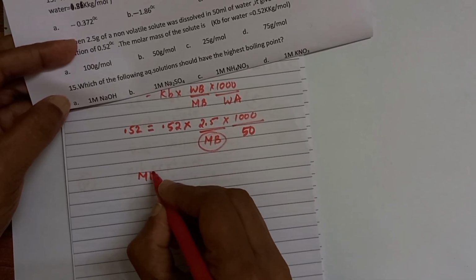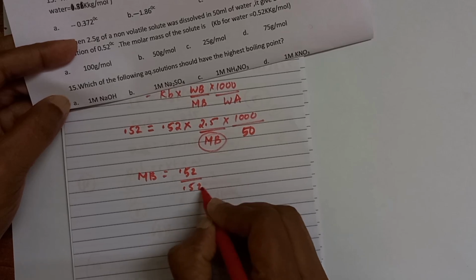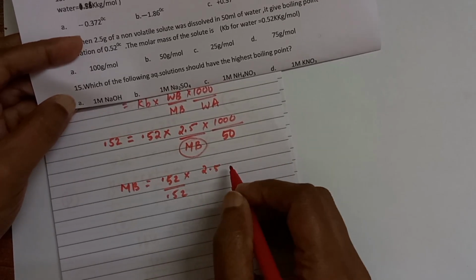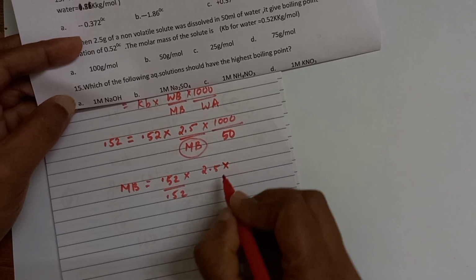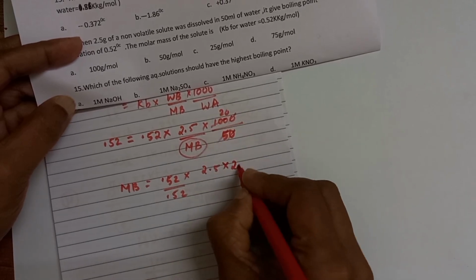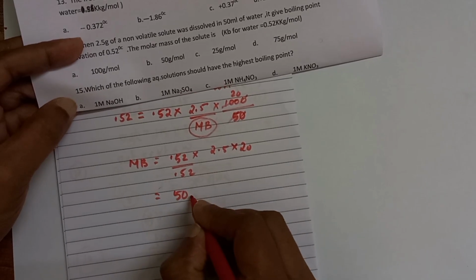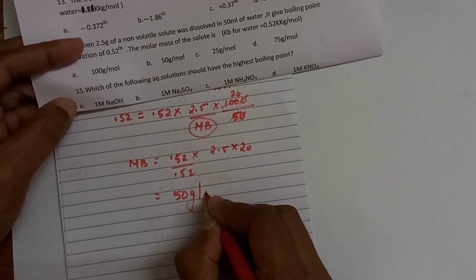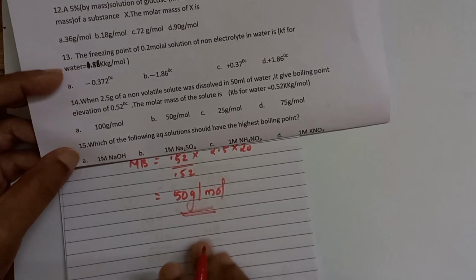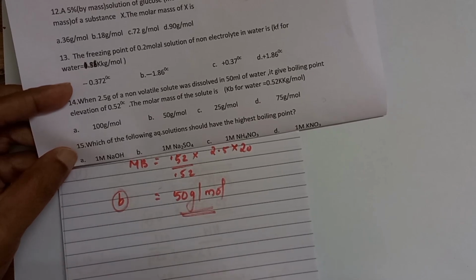So Mb equals 0.52 divided by 0.52 into 2.5 into 20, which is equal to 50 gram per mole. So the answer is option B.